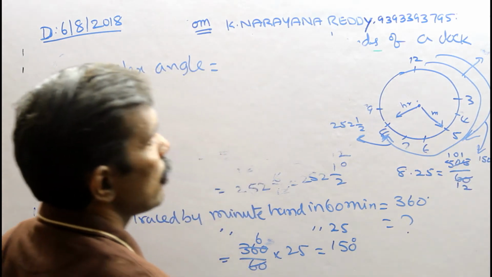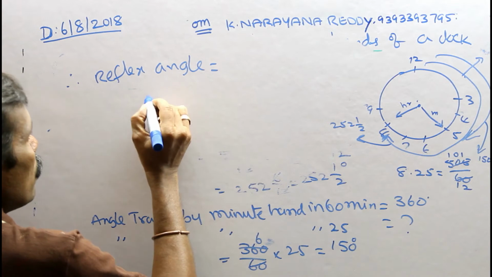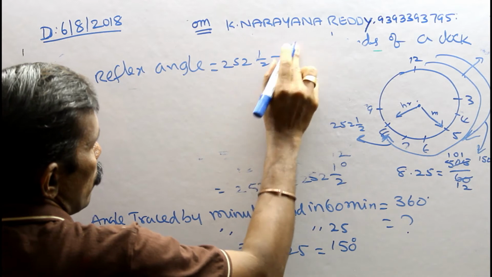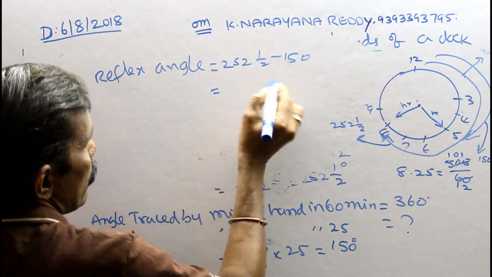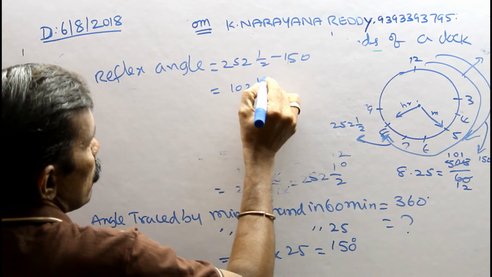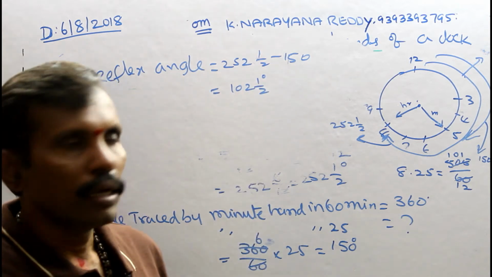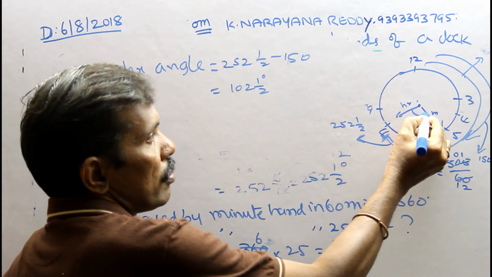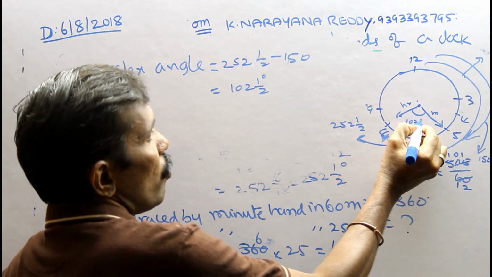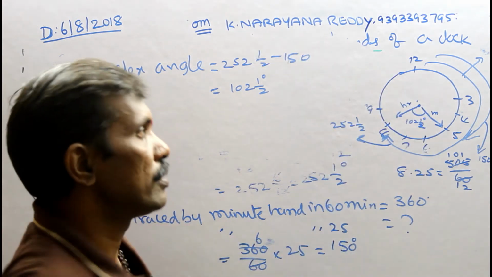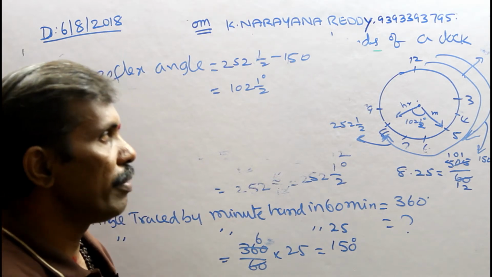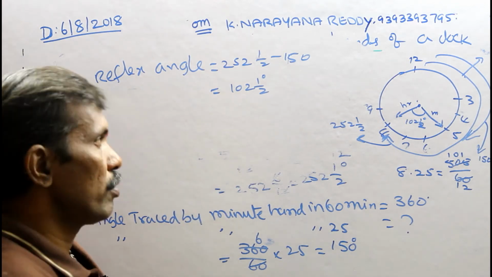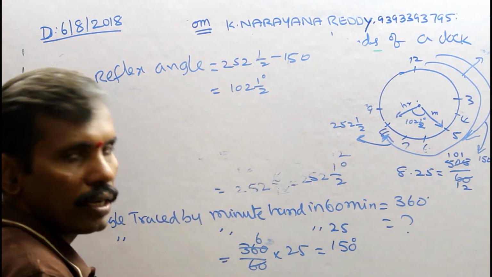So 252 1 by 2 minus 150 degrees. What do you get? 102 1 by 2 degrees. That is the answer. Okay. This is the angle made by the hour hand and minute hand between these two. This angle is 102 1 by 2 degrees. In this way you can find the angle made by the minute hand and the hour hand at the time of 8:25. In this way you can find the answer.